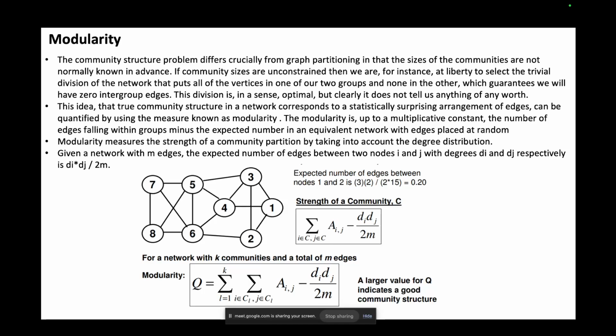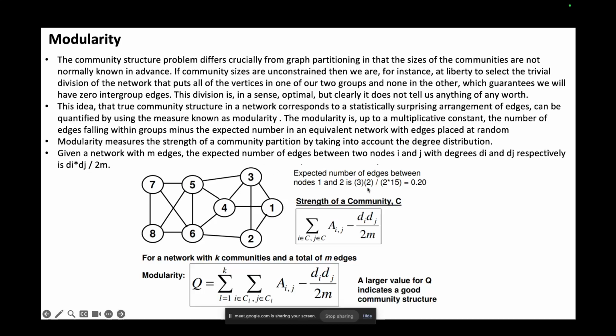What it measures is actually the strength of the community partition, taking into account the degree distribution. Given a network with m edges, we did a problem like this in the last class as well. The expected number of edges between two nodes i and j with degrees di and dj is di times dj divided by 2m, right?